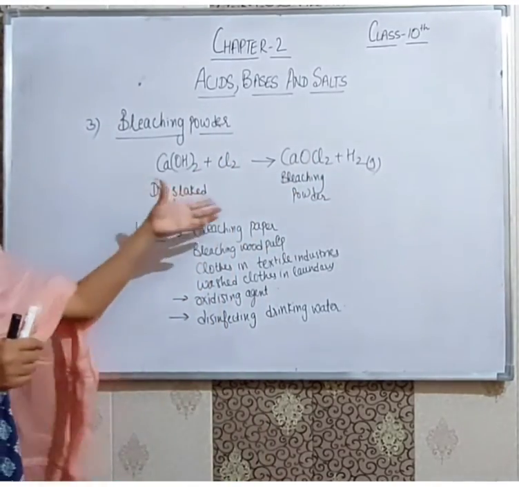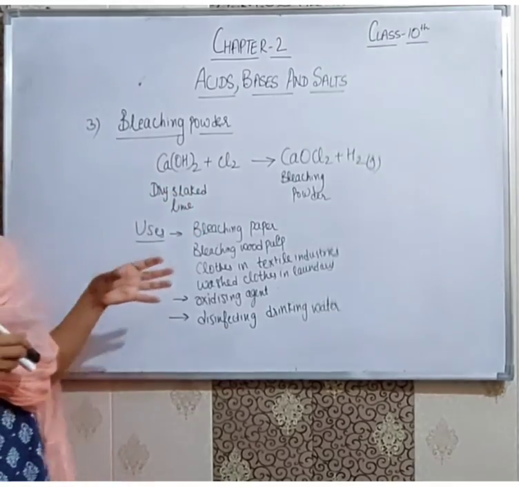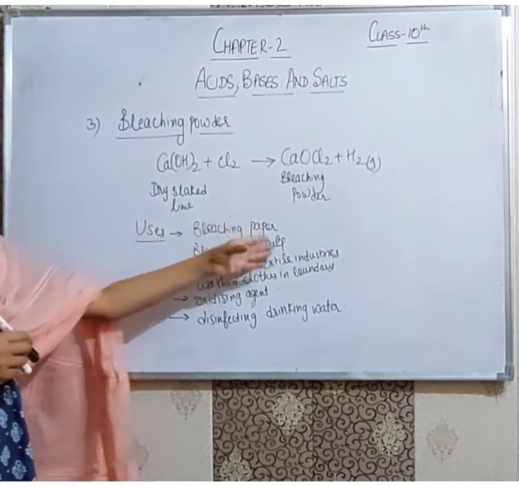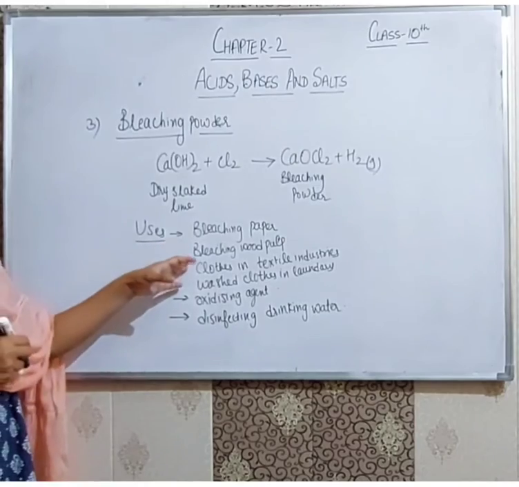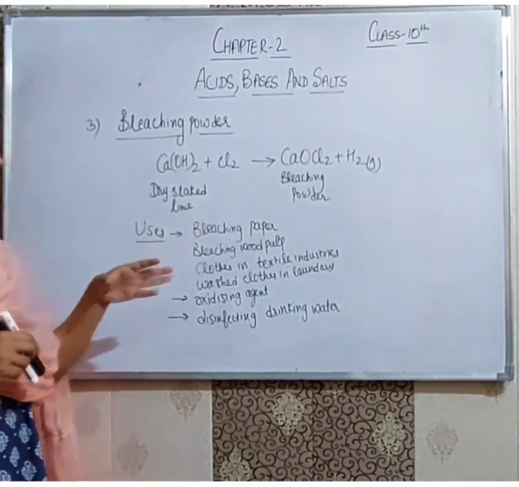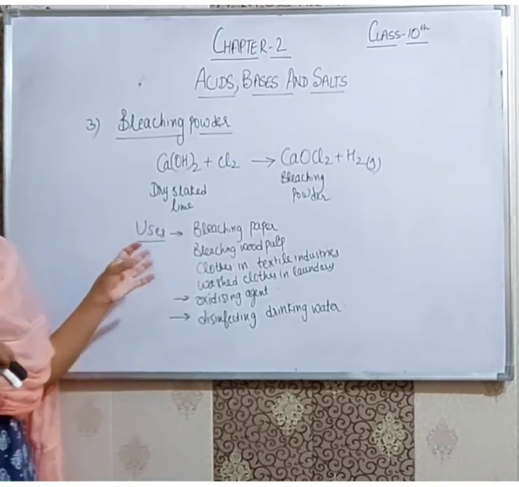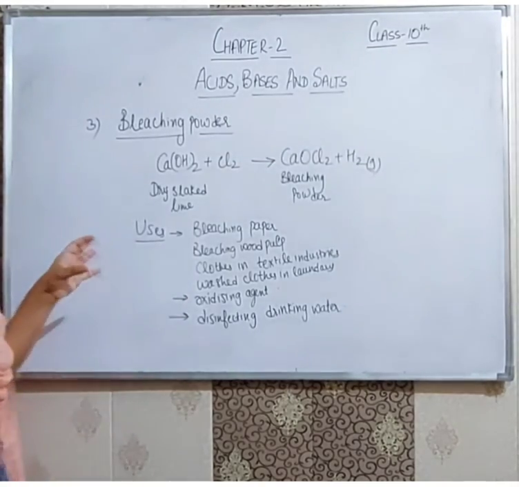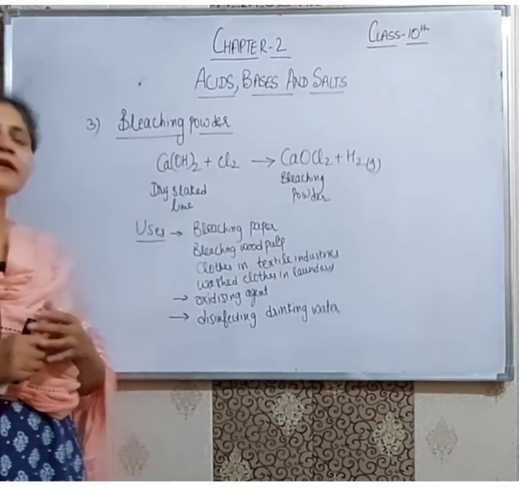What are the uses of the bleaching powder? It is used for bleaching paper, bleaching wood pulp in the paper industry, for bleaching clothes in the textile industry, for bleaching washed clothes in laundry, and it is also used as an oxidizing agent, and for disinfecting drinking water.